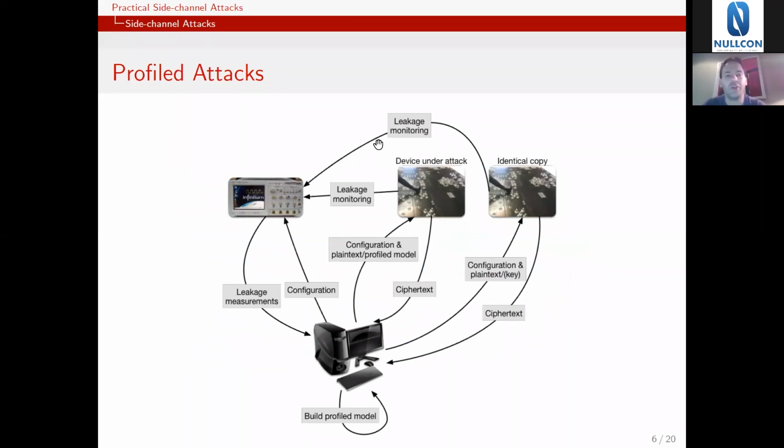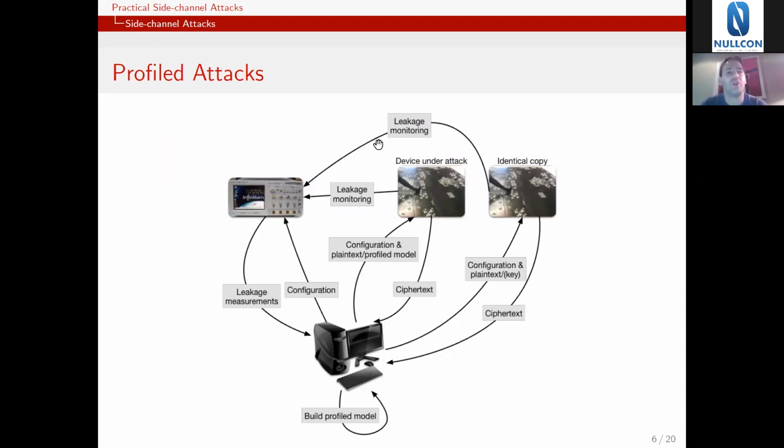Here we see a general scheme for all types of profiled attacks. We have a device under attack, and we have an identical copy of the device. How would a profiled attack work? There will be an attacker who will have the identical copy of the device, and he would use that device to build a model.